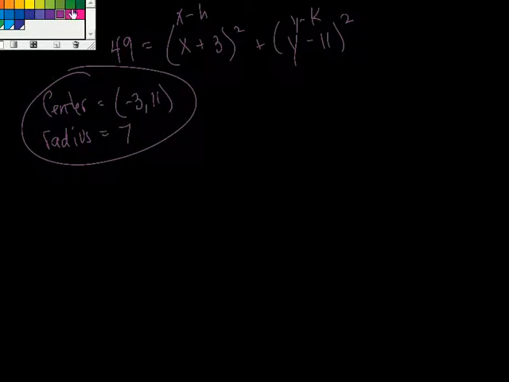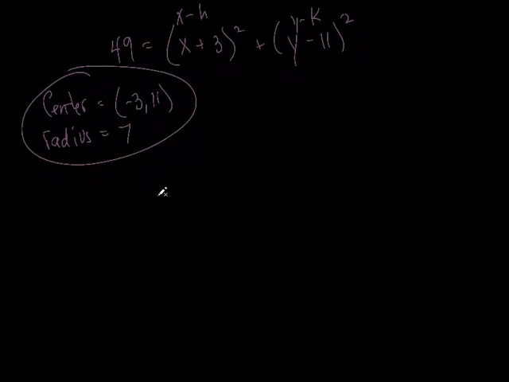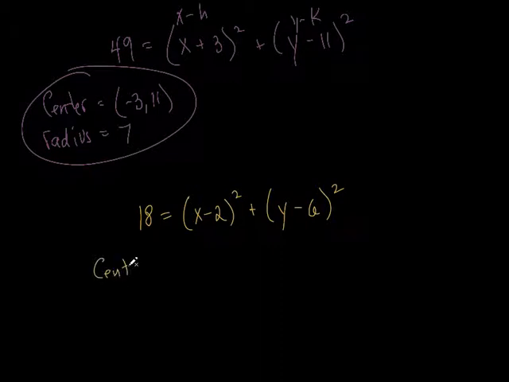We good? Alright, let's do another one. What if I said 18 equals (x minus 2) squared plus (y minus 6) squared. Alright, there you go. What is the center and what is the radius?